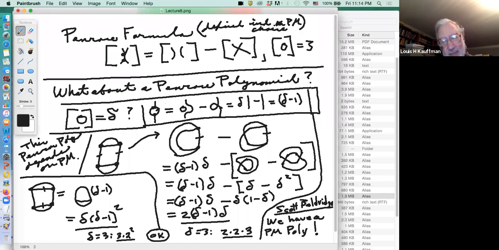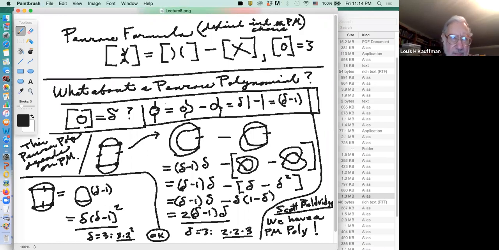So that means that if we defined the Penrose polynomial this way, it would distinguish this perfect matching from that one. There is no graph isomorphism which carries these perfect matching edges to those. In this case, of course, that's not hard to tell just by looking. But in general, that's a nice combinatorial question. Is this perfect matching isomorphic to that one? And here we have a polynomial that can discriminate.